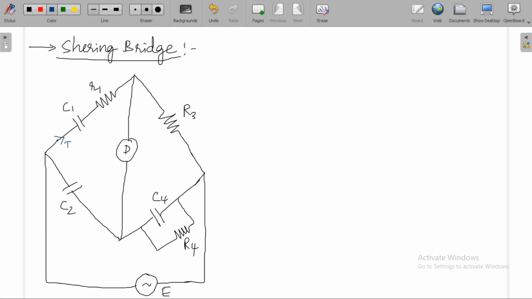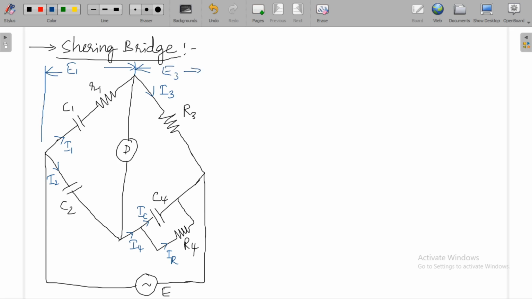Let I1 be the current flowing to this, I3 the current flowing to this. Under balance conditions, I3 will be equal to I1. I2, and this will be I4, this will be IR, and the current flowing to this will be IC. Voltage across this branch is E1.